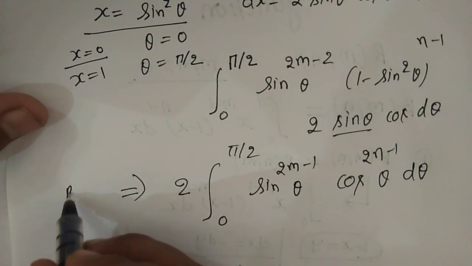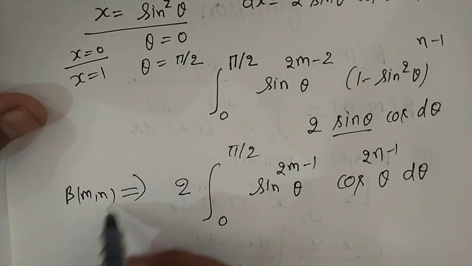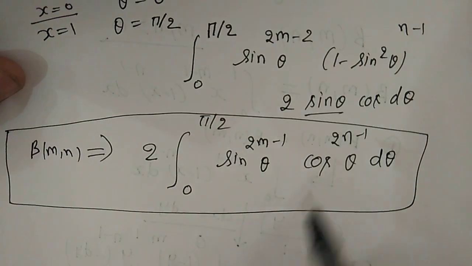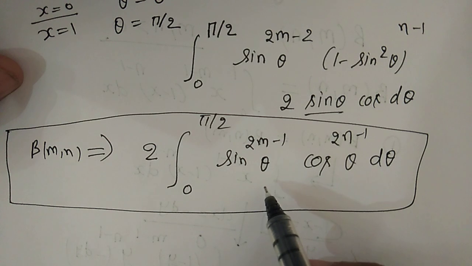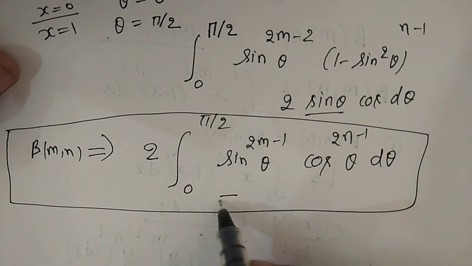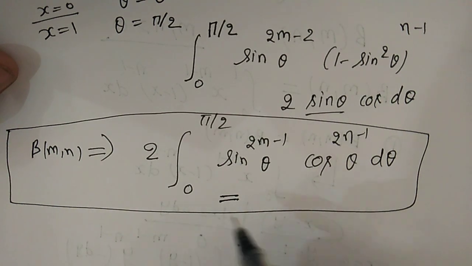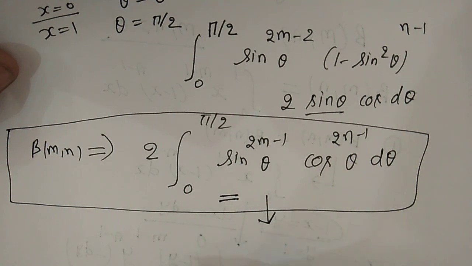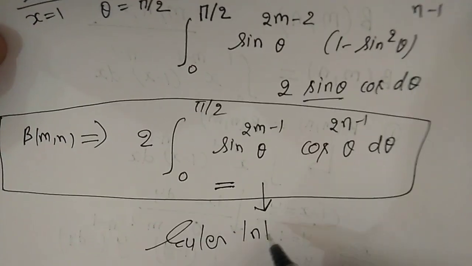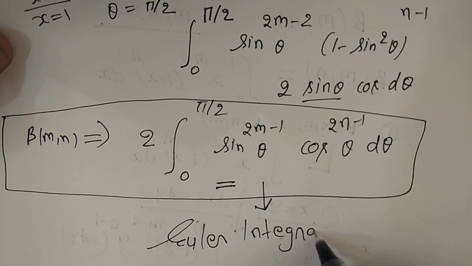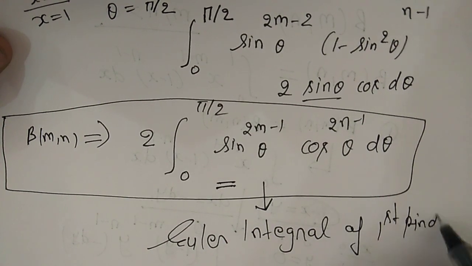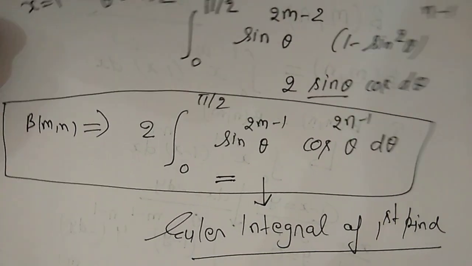So B(m, n) equal to 2 times integral from 0 to pi by 2 of sin^(2m-1) theta cos^(2n-1) theta d theta. This is another form of beta function. This beta function, as I already told you, is called Euler integral of first kind.